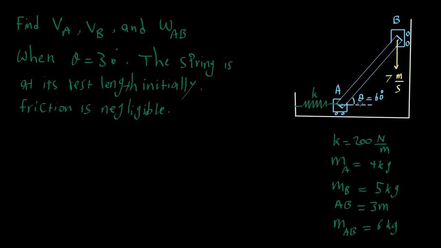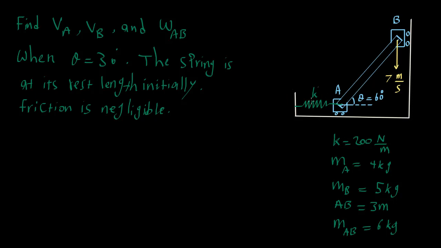If we didn't have any mass for this link, we would be able to solve this just with the material that we had on particles. But here, because this link AB has a dimension, its length is 3 meters, and it also has a mass, we should be aware that we are going to need to use our formulation for kinetics of rigid bodies.